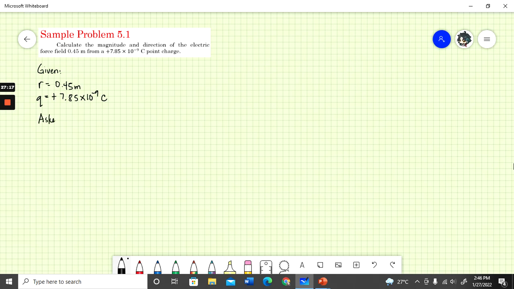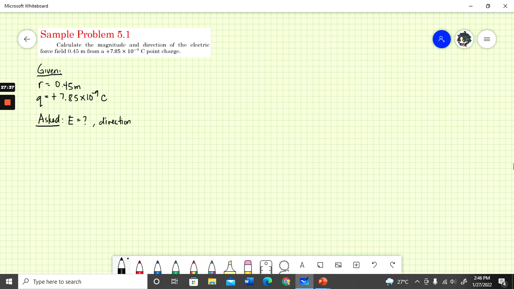What is being asked is to calculate the magnitude and direction, so we want to find the magnitude as well as the direction of our electric field.